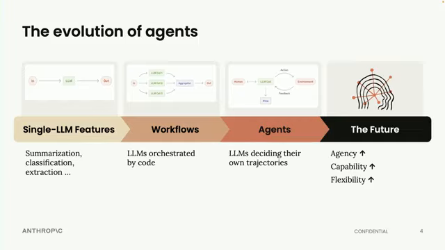As time goes on, agents will get more and more autonomous. We're at a break point where we can start to build these agents. They're not perfect, but it's definitely the right time to get started.